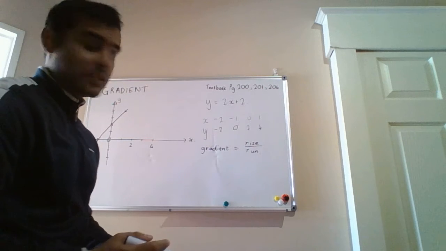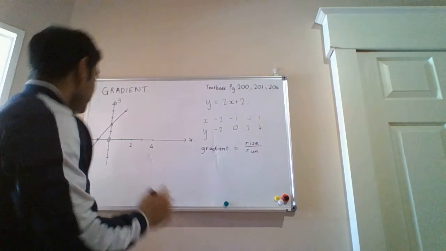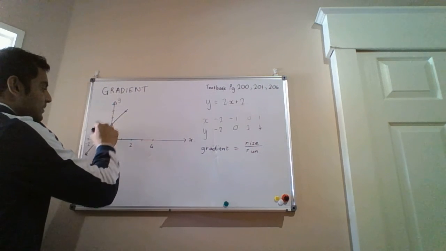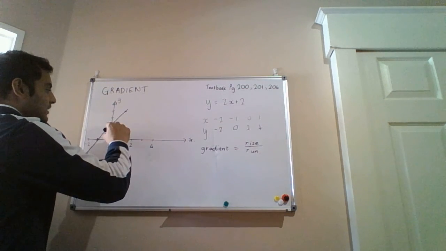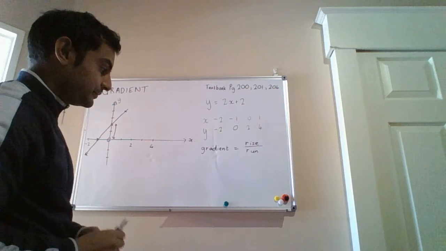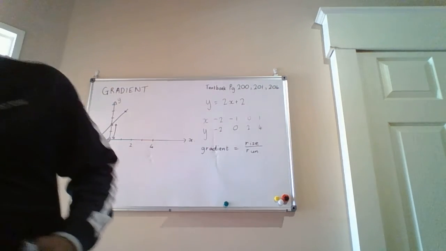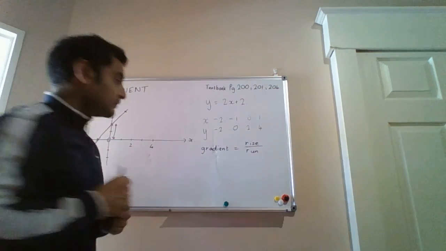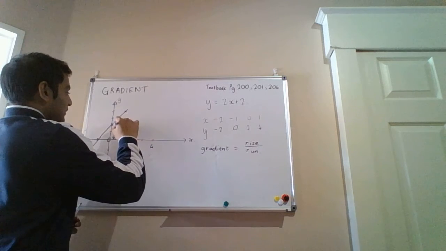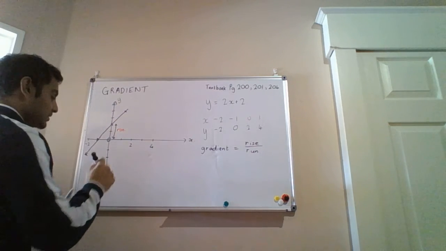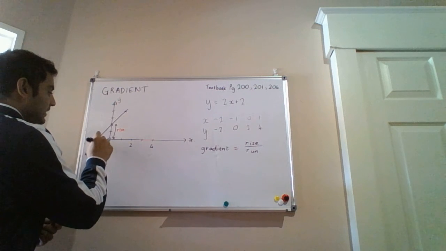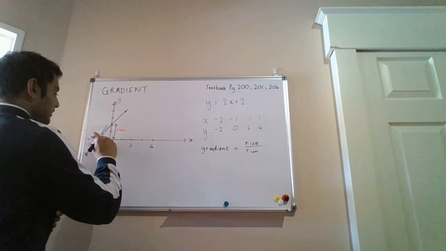If we were to describe it pictorially, the rise between these 2 points is this. Rise, and the run between these 2 points is this.